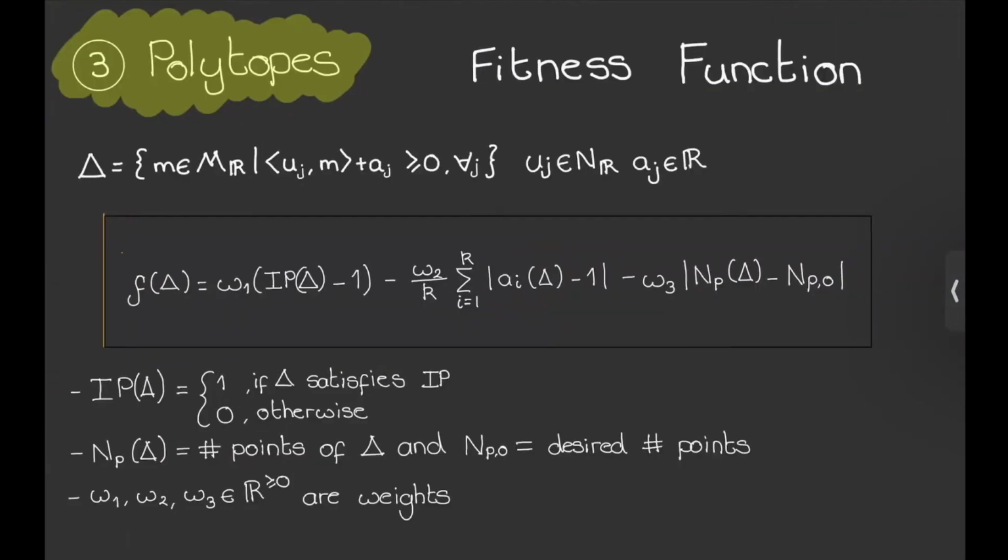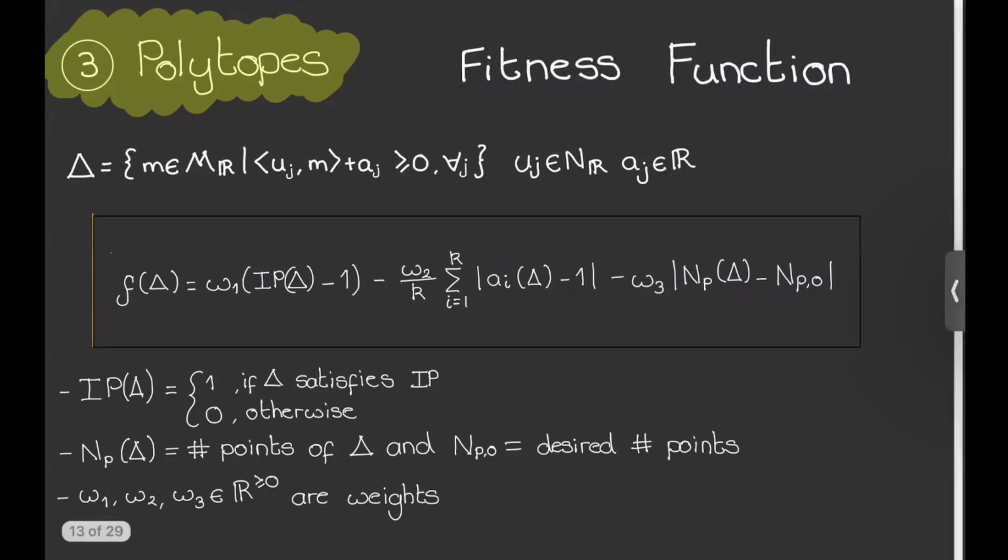N_P of delta is the number of points in your polytope, and N_P of 0 is the desired number of points you're after. Again, this term will vanish if we satisfy the condition, and it's going to have some penalty added to it if it has the wrong number of points. And the W's are just weights. In fact, W1 and W2 we always set to 1, and W3 we set to 0 when we don't care about the number of points, and 1 otherwise.